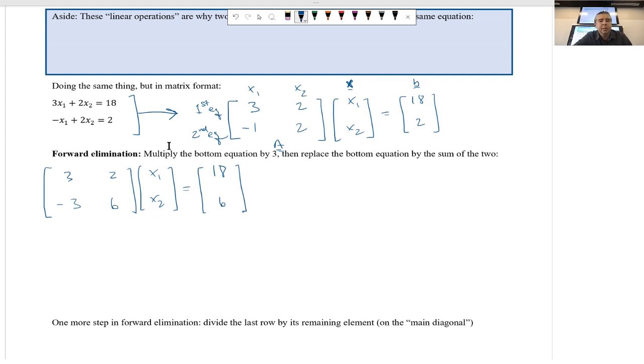Then my next operation is I replaced the bottom row by the sum of the two. So the top row stays unaffected. The bottom row becomes 0, 8. X stays unaffected, and b becomes 18, 24.